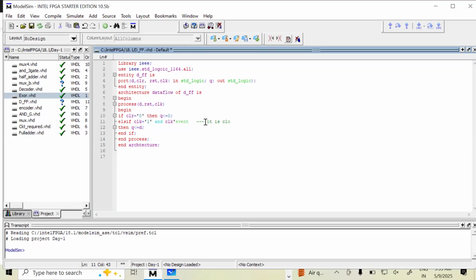It is clock, and if changes occur in clock, then only the output will be affected due to input. So this Q is one. Let us compile it.